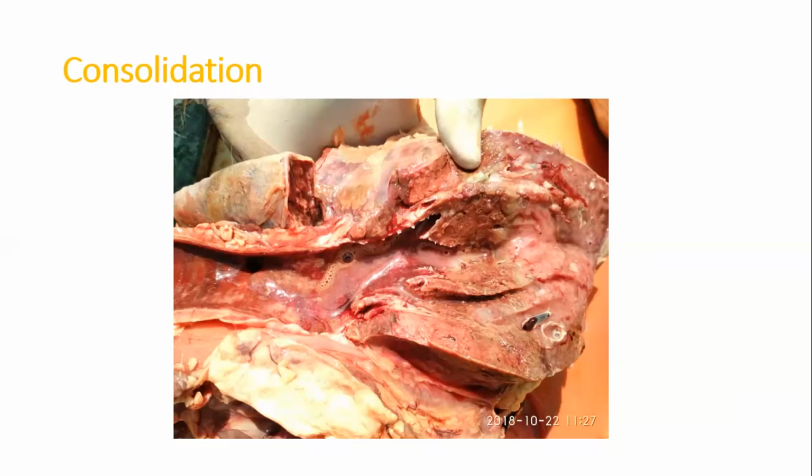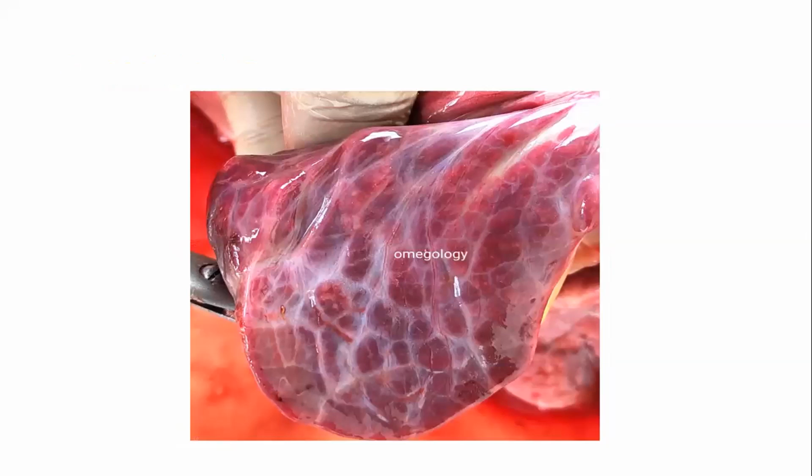So ultimately I have found many etiological agents through this type of pathology of the lungs. That includes HS, mycoplasma, sometimes streptococcus. They were identified from such consolidated lungs. Then this is the typical marbling of the lung. Sometimes the marbling is a combination of HS and mycoplasma together.